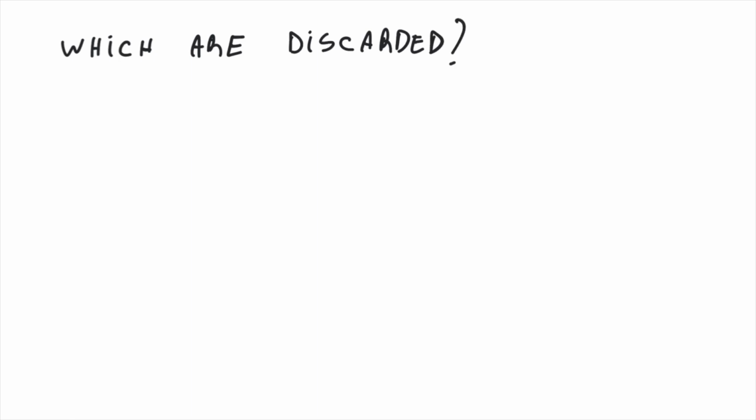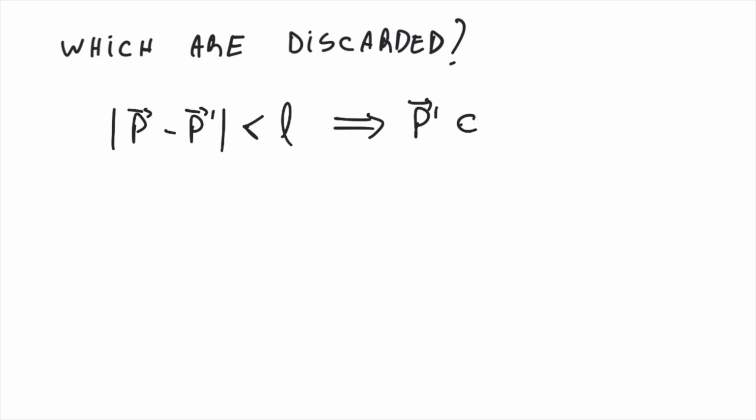Well, here we should remember that if the norm of P minus P prime was less than L, then definitely we knew that P prime belonged to the neighborhood of P. But if a point gets discarded, the neighborhood of P is just P.